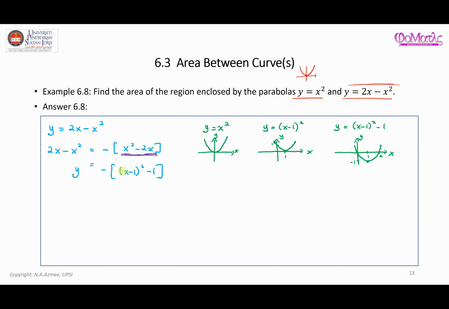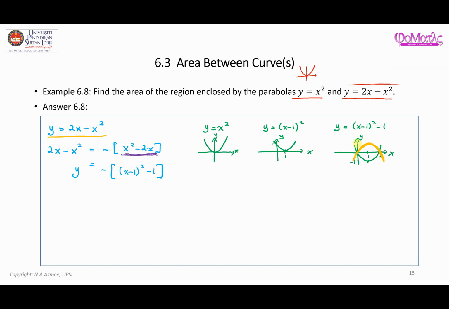Next, if you have a negative outside the overall function, that means the graph is going to be reflected along the x-axis. So it will be looking like this. This is the final look of the graph of 2x minus x squared.